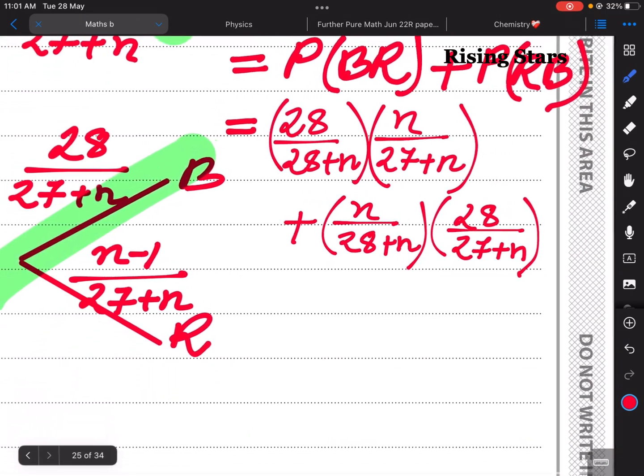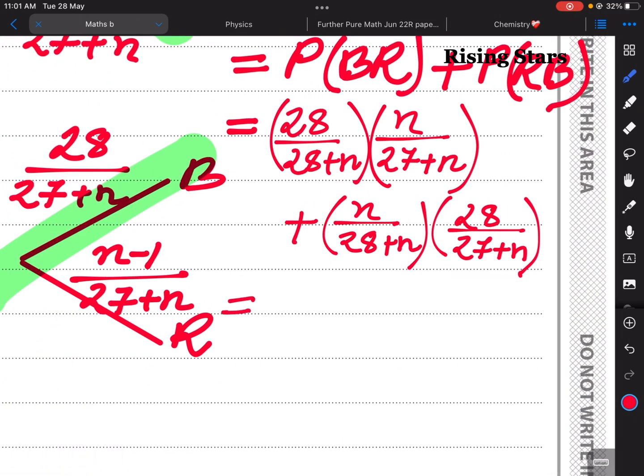We have written the values down. Now we will multiply. Notice that both of them have the same denominators, 28 plus n and 27 plus n, so we can take advantage of that.